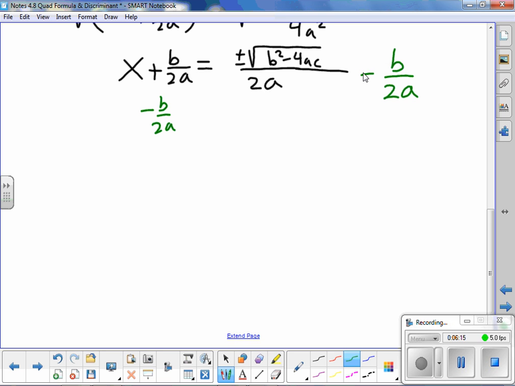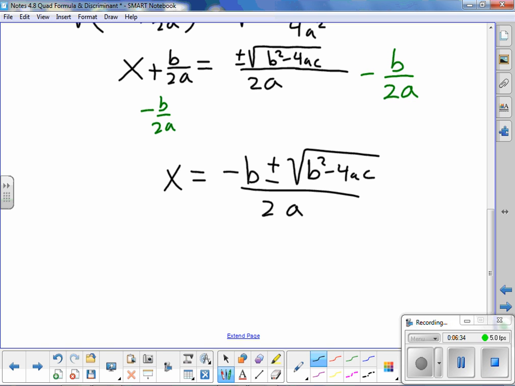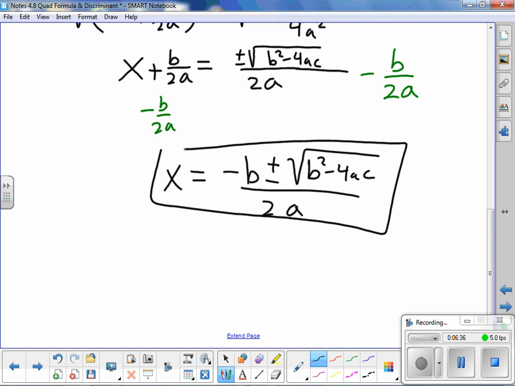Okay, so this is like a negative b, and you can write this part second. So that's what I'm going to do. x equals, I'm going to write the negative b first, and then I'm going to write the plus or minus square root of b squared minus 4ac all over 2a. That's where the quadratic formula came from.